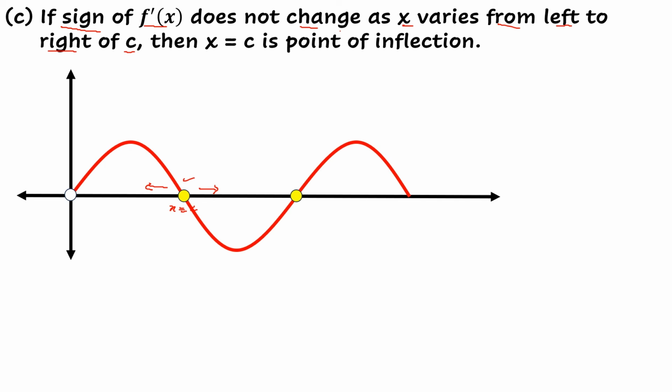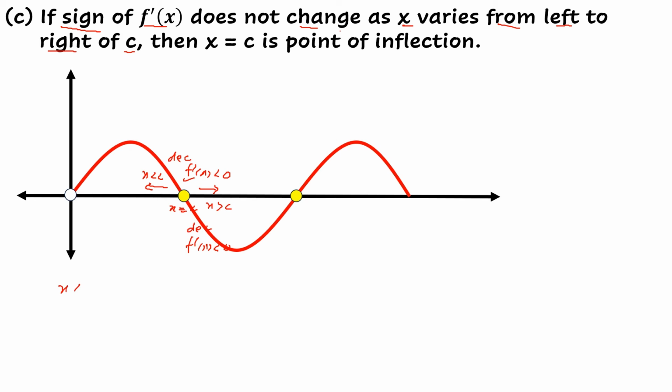Before x is equal to c, that is when x is less than c, we see that function is decreasing. That is, its first derivative is less than 0. And when we go towards right of c, that is x is greater than c, we see that the function is again decreasing. That is, its first derivative is less than 0.